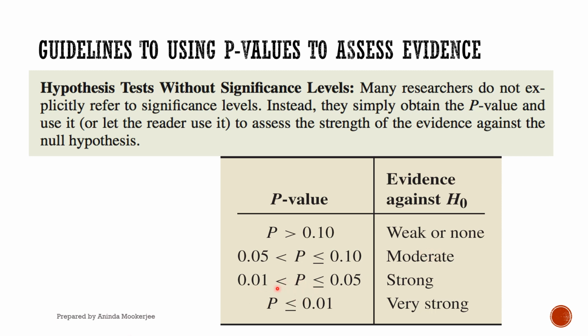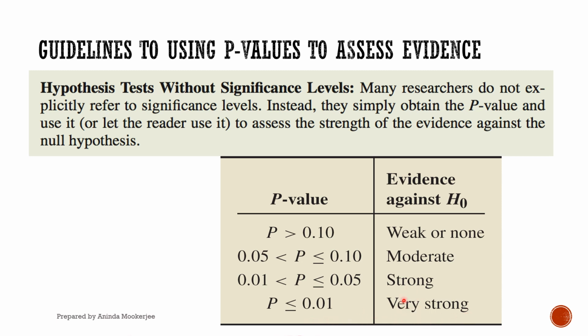If the p-value is between 0.01 and 0.05, that means it's a pretty strong evidence against the null hypothesis. Therefore, we will end up rejecting the null hypothesis, and if it is a p-value less than or equal to 0.01, it's very strong.